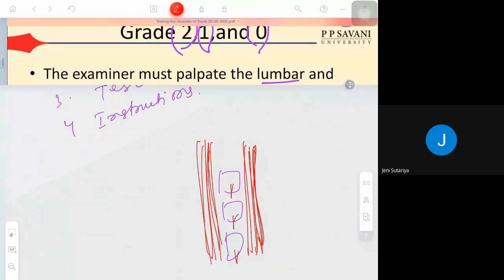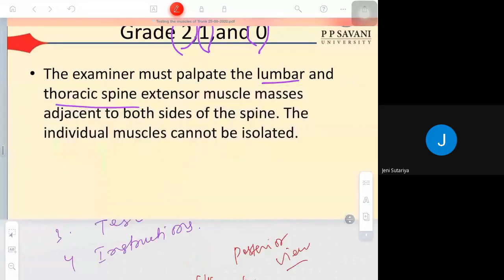Clear? This is posterior view. So he has to palpate the muscle. The examiner must palpate the lumbar and thoracic spine extensor muscle masses adjacent to both sides of the spine.